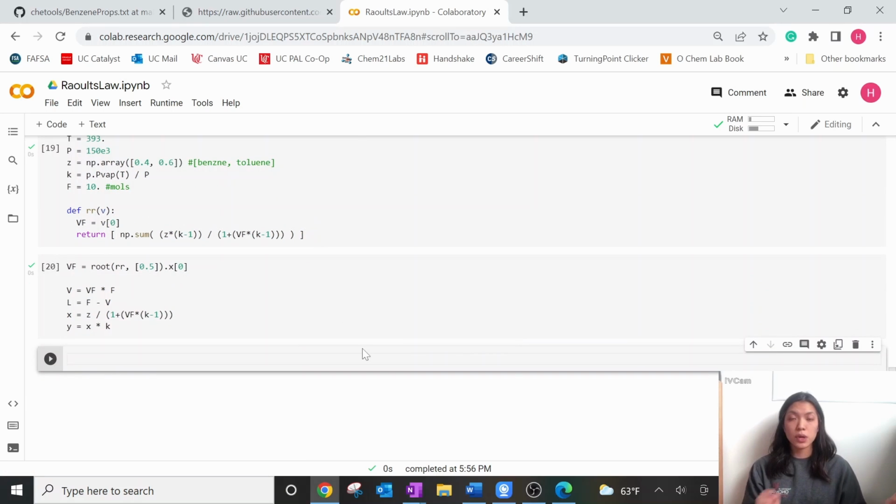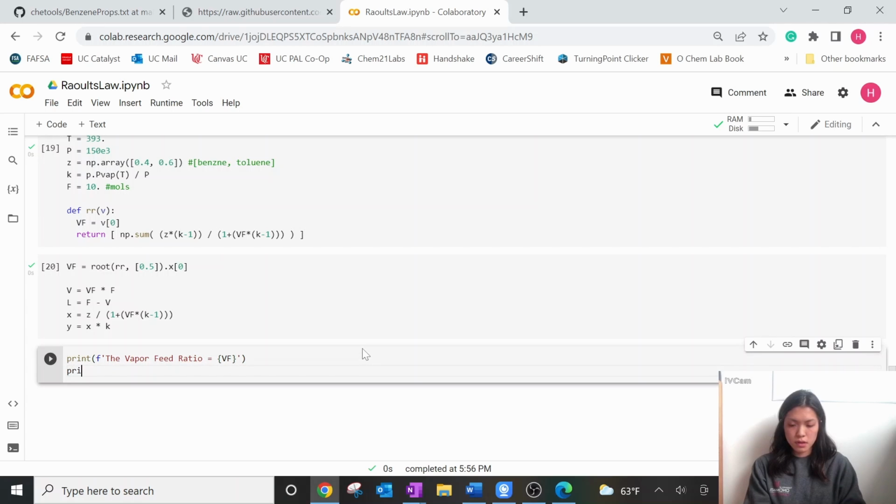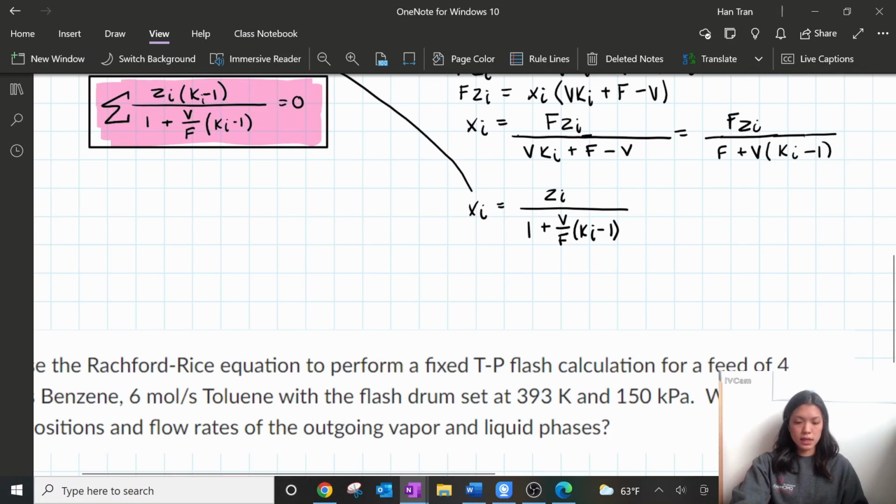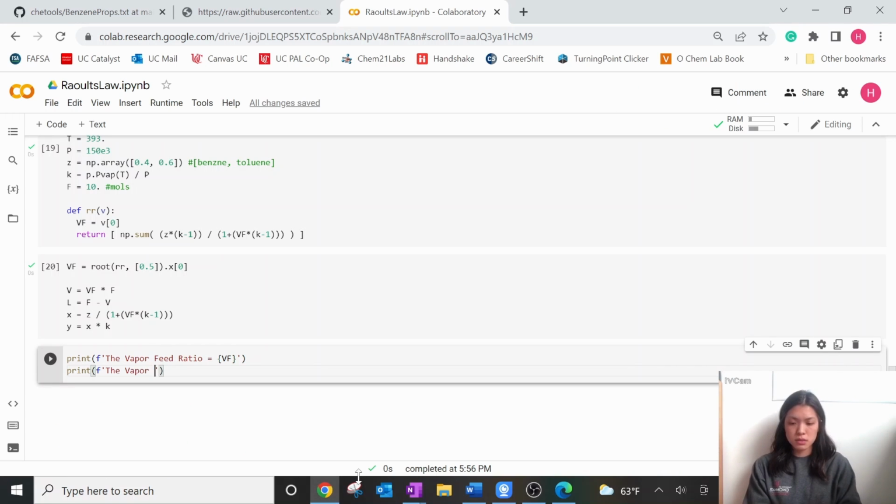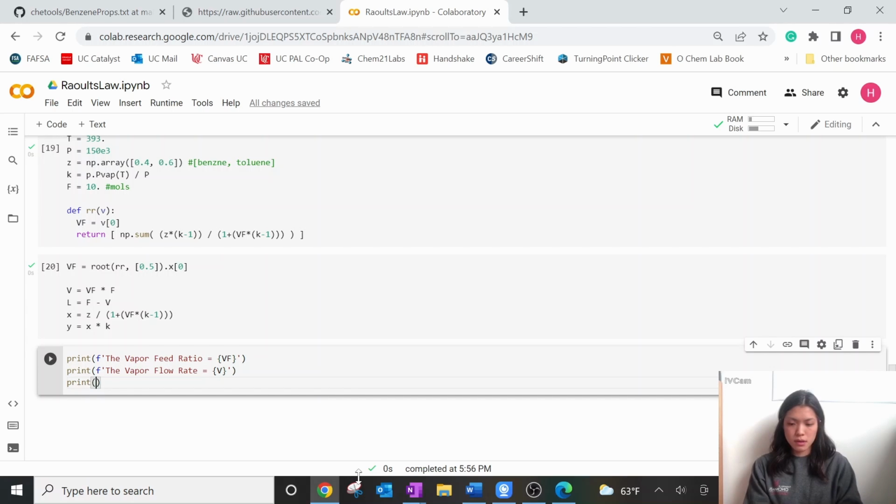So now that we have all that calculated, we're going to print it. So the vapor feed ratio, the vapor, see exactly what it's asking for, the vapor flow rate, the liquid flow rate.